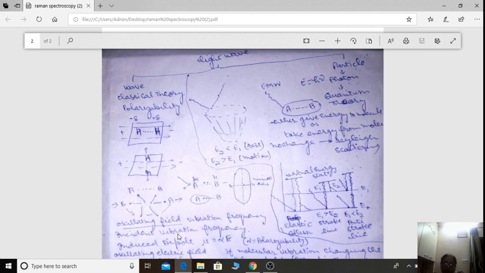So there are two axes, the minor axis and the major axis. Polarizability always prefers the minor axis, because there is more possibility of polarization of a molecule in it.